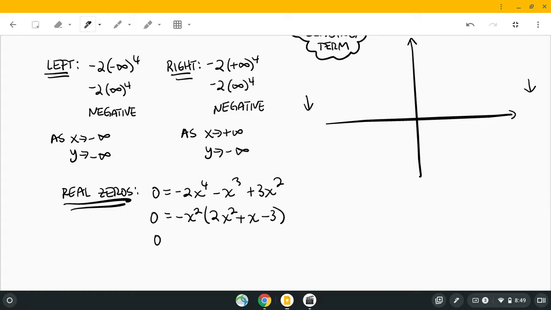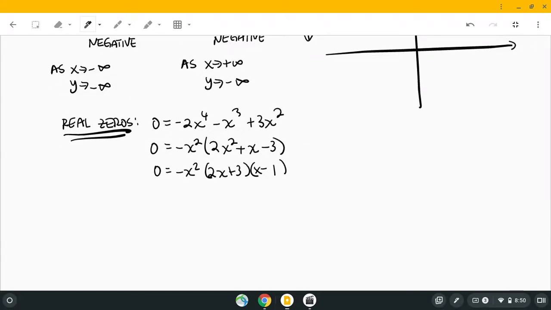Okay, and then here I have a quadratic trinomial, so I can go ahead and factor this. 2x times x to make x squared. I need positive and negative. I believe I did this last time. And this one will be positive, this one will be negative, and that will give me the positive one, x in the middle.